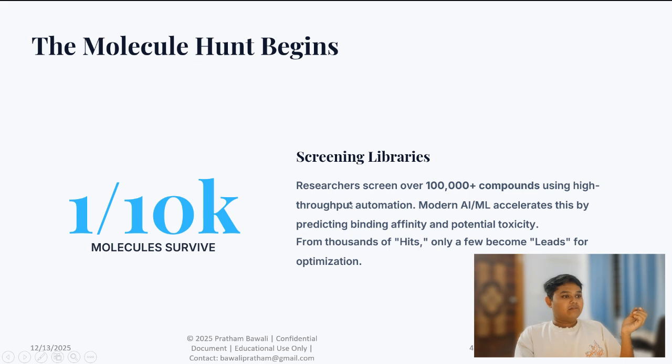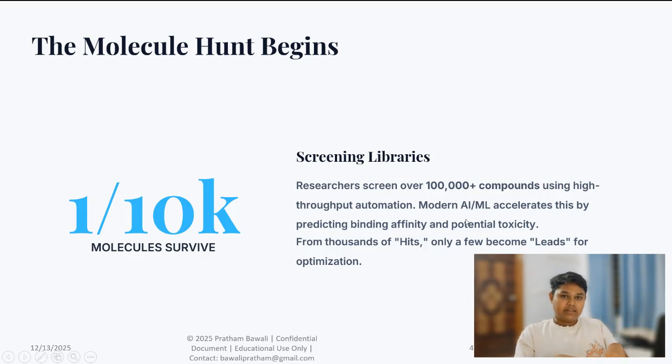Now, the very beginning starts with the molecule hunt. It is a very crucial part because, as you can see here, 1 out of 10,000 molecules survive. There will be more than 10,000 molecules, even lakhs of them; the minimum is 10,000 compounds. Researchers screen over 1 lakh plus compounds using high throughput automation.